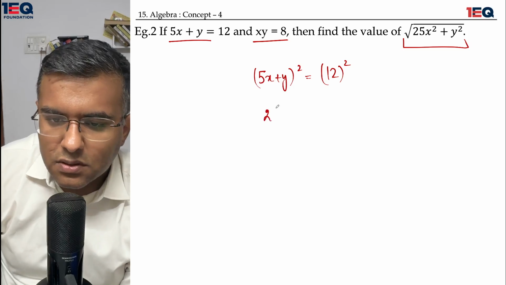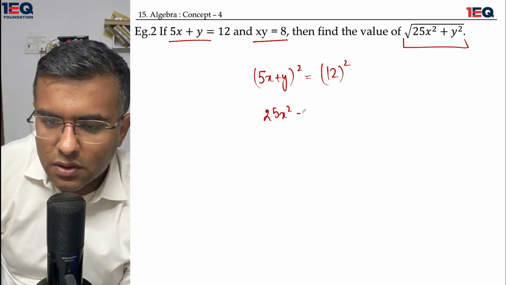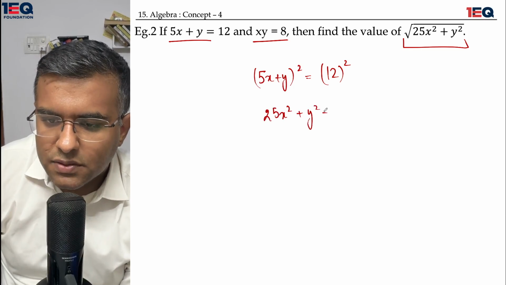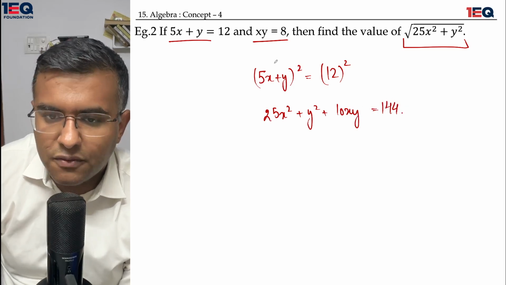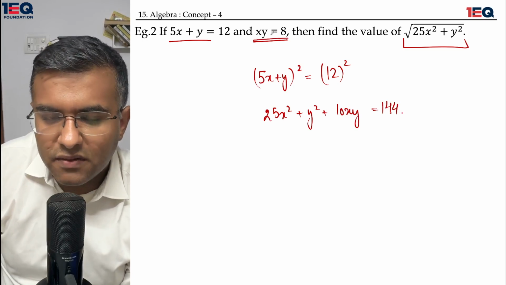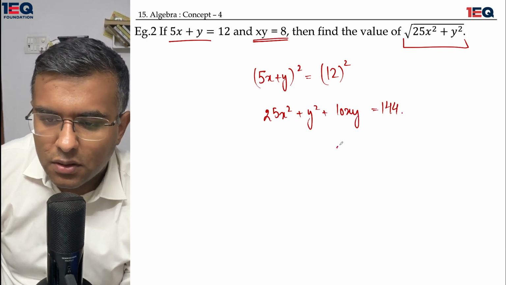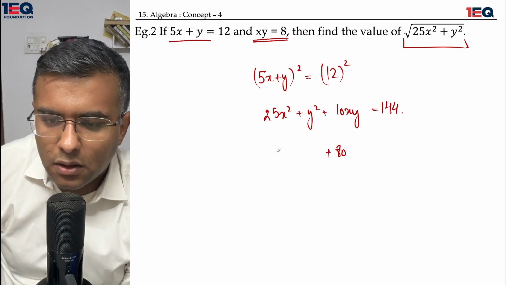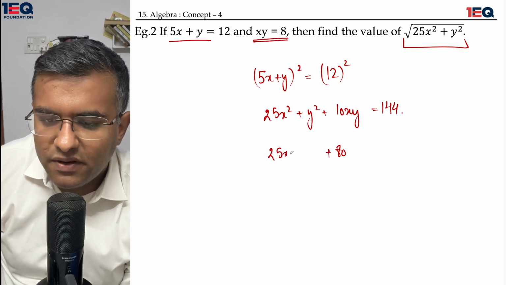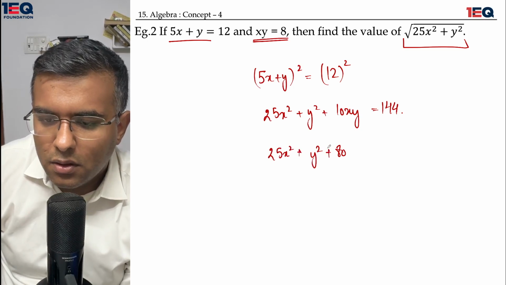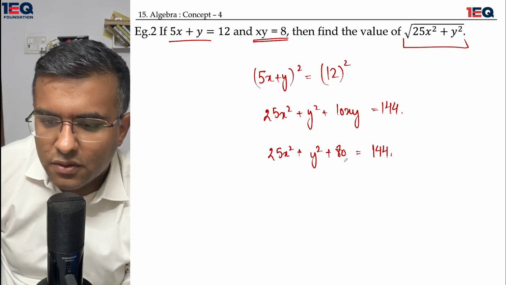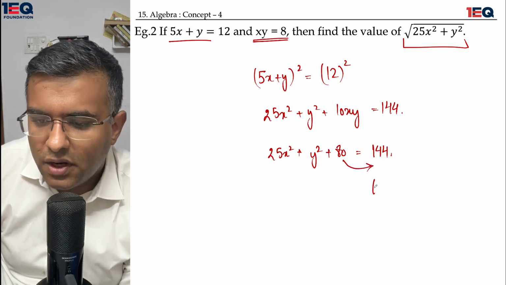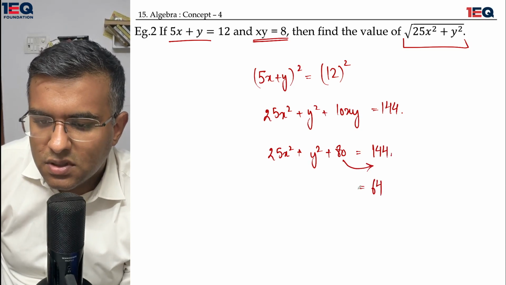So this is 25x square plus y square plus nxy is equal to 144. From here, I'll pick up the value of xy and put it in. This makes it 80. This is 25x square plus y square plus 80 being equal to 144. The 80 goes here and this becomes 64.